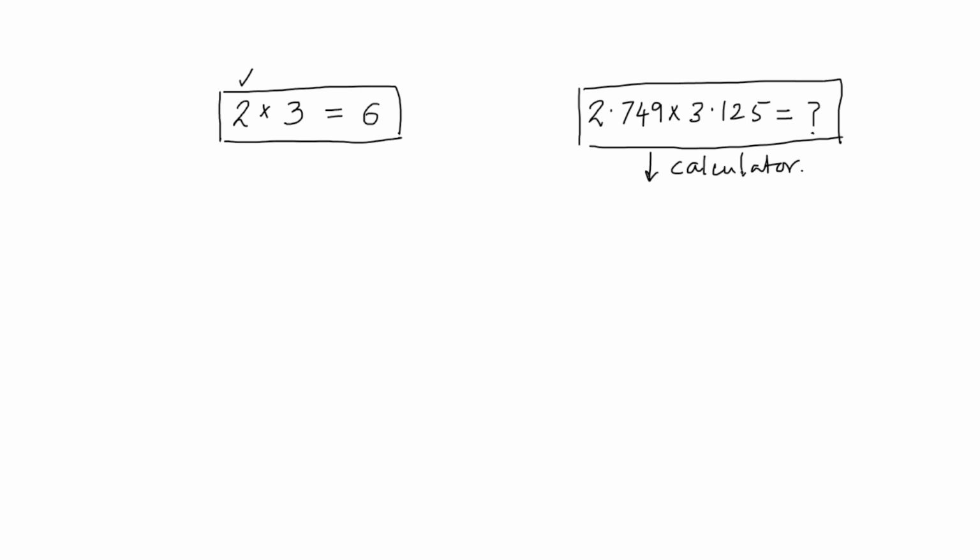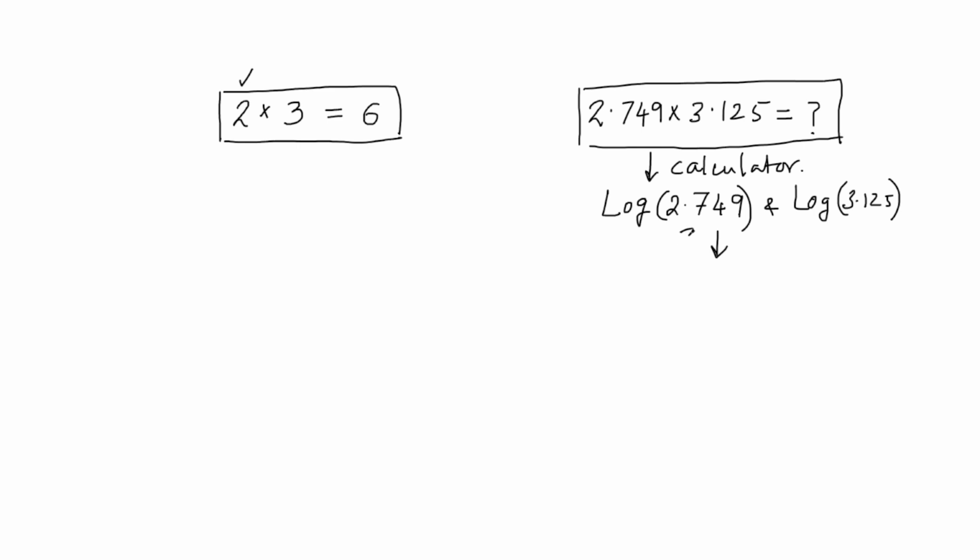So we require a calculator. Now what calculator actually does, calculator will first evaluate the log of these two numbers, log of 2.749 and log of 3.125. From there it will add.